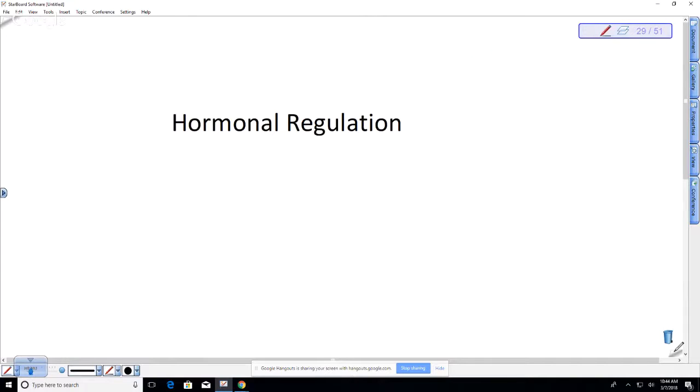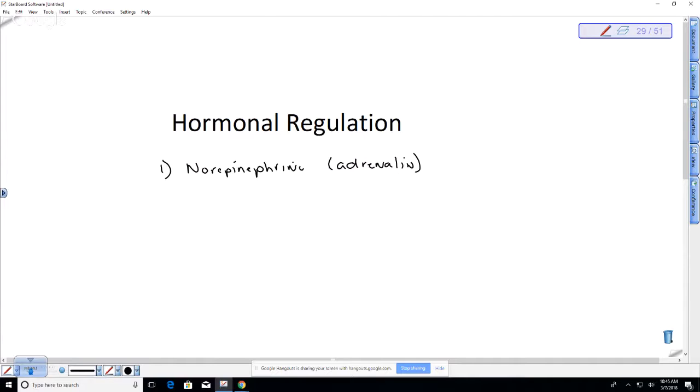So we also have a mechanism for regulating blood pressure through hormones. And so one of these is norepinephrine, which is also called adrenaline. Epinephrine does the same thing, but we'll just talk about norepinephrine.